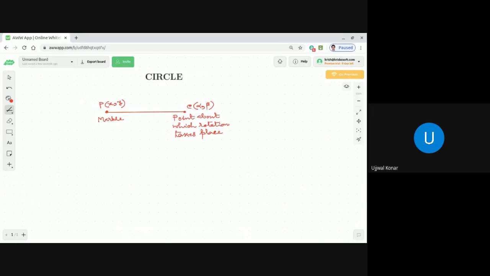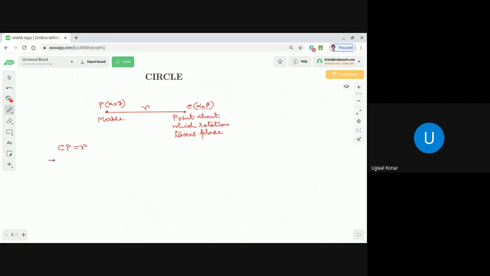And the radius of a particular circle is always constant. So if we define the length of the string to be R, then we can say CP is equal to R.